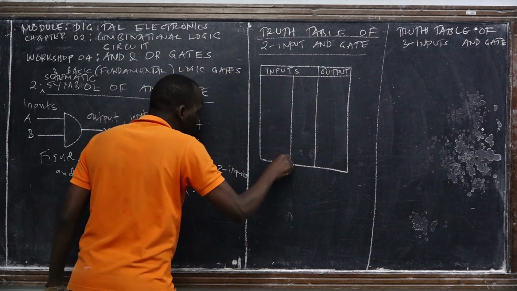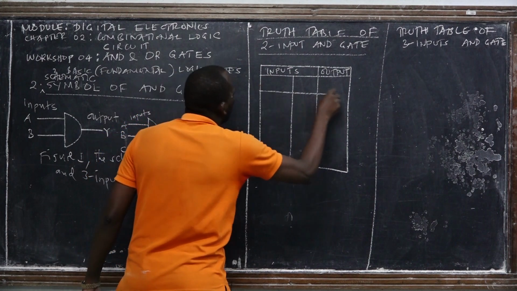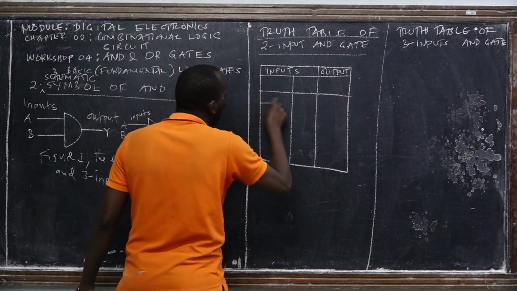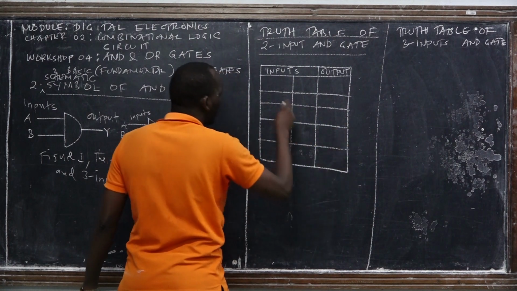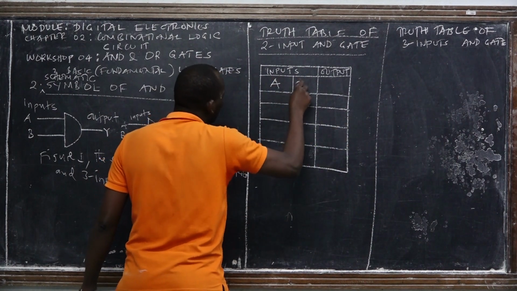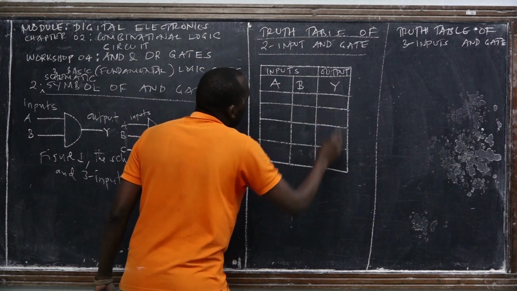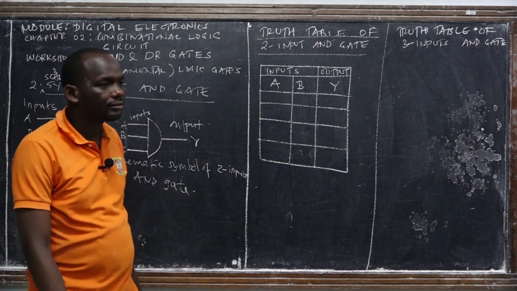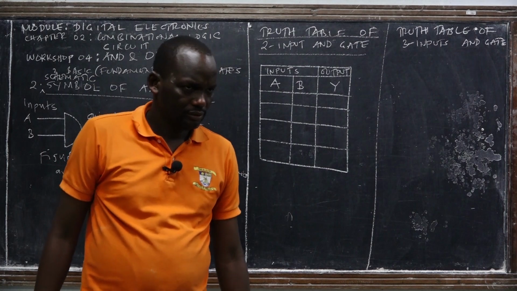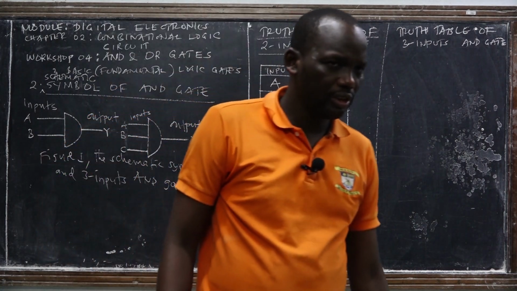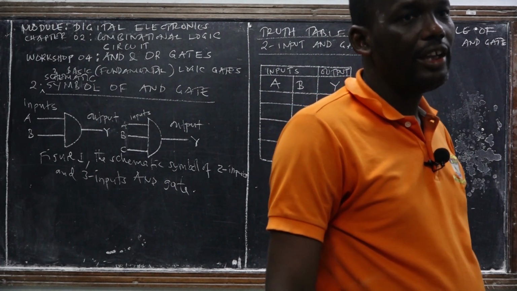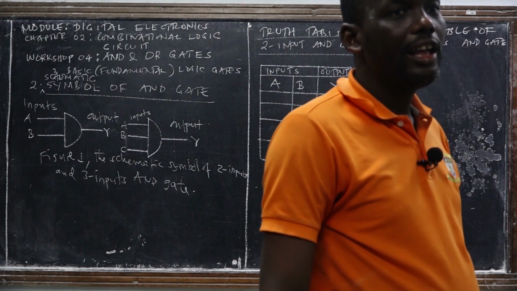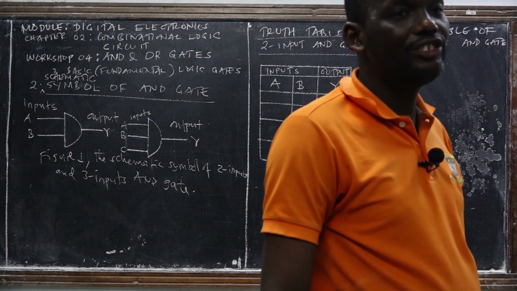Because you have two inputs, we are going to have input A and input B, and the output, let us call it Y. I said stop drawing, stop writing, listen and watch.